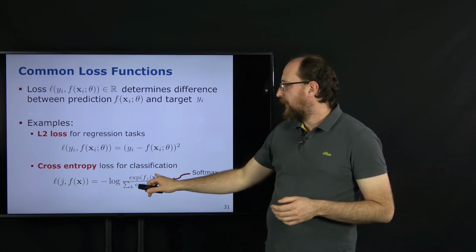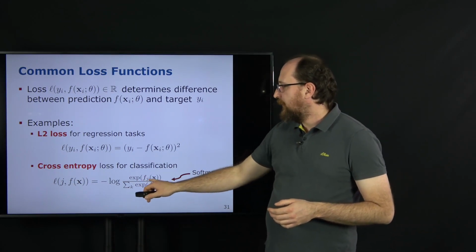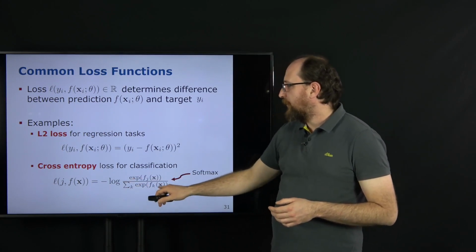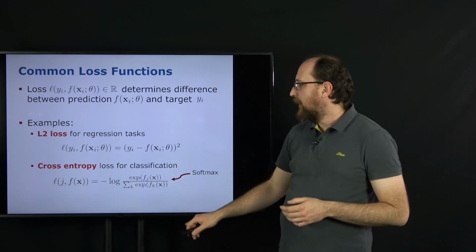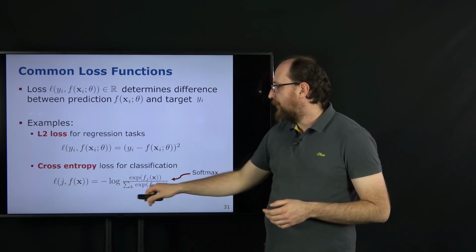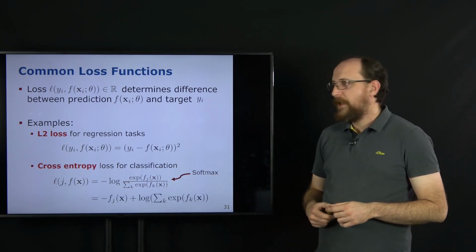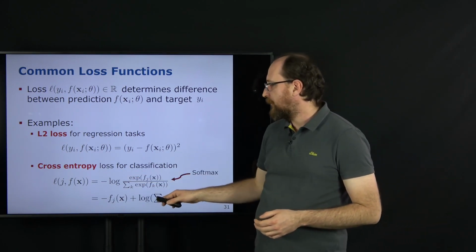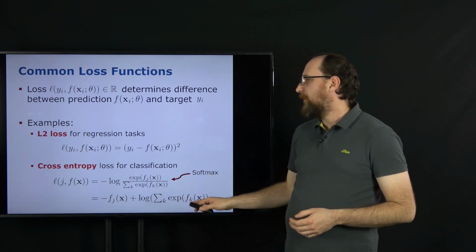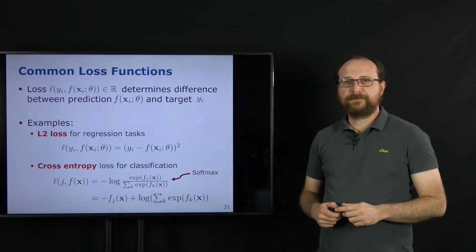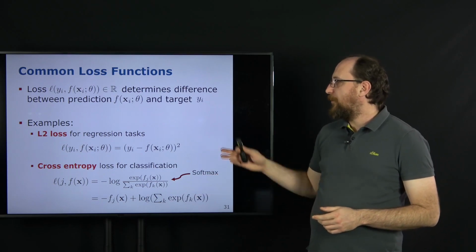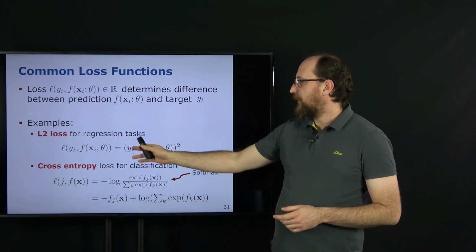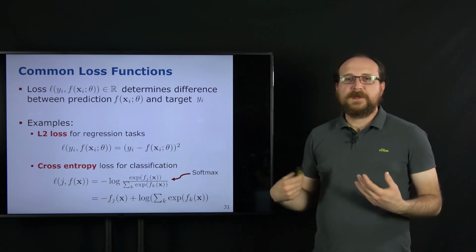So we are taking from the output f(x) the jth entry, and then we are applying the softmax on this, which is basically just the exponential of the output divided by the sum over all outputs. And when we take the logarithm and everything into account, then this corresponds to this. And this is the so-called cross-entropy loss. With this, we can now measure the difference between the prediction of a network and the target value. And with this, we can now learn.